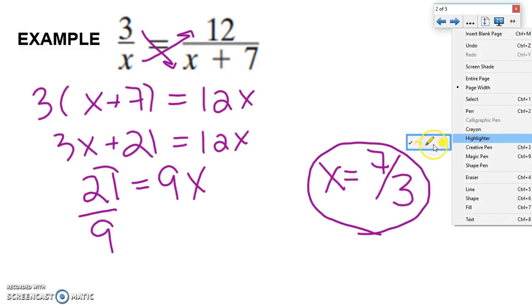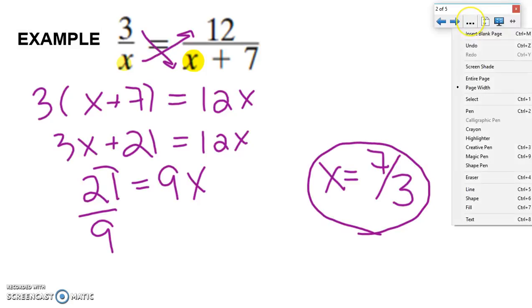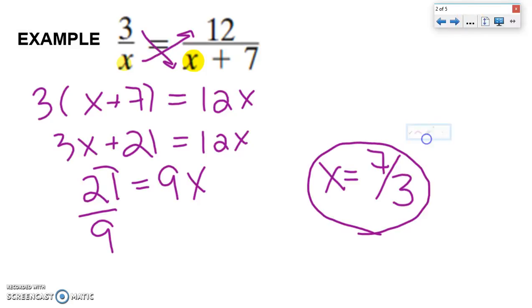So if you look at our first fraction, the value of x itself is 7/3. That's not going to make this denominator equal to 0, so I'm okay in that case. Substituting x into the second fraction, 7/3 plus 7 also does not give us a denominator that's equal to 0. So that answer, 7/3, we've checked it. It does not make either denominator equal to 0, so we're good with that answer.